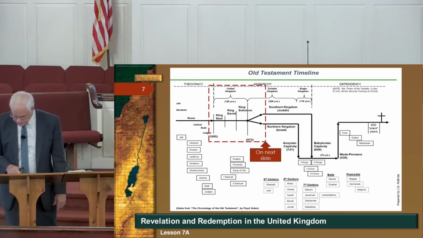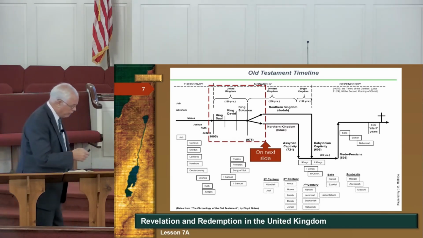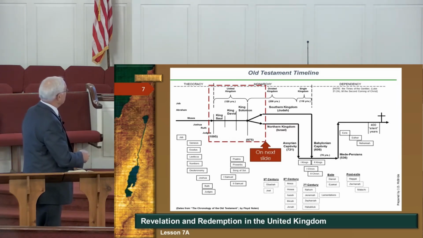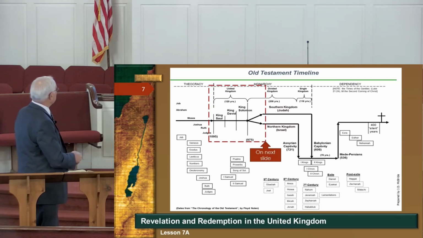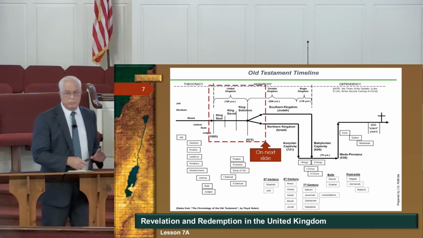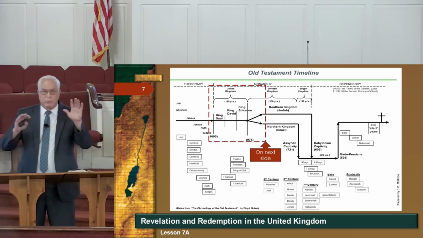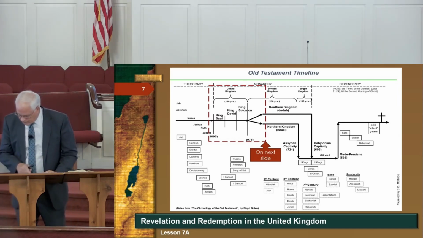I tried to lay out for you when the books of the scriptures were written. You're going to know that 1 Samuel, 2 Samuel are about this time period, 1st, 2nd Kings, and then Chronicles is down here, about this time period when they were written, okay? So it kind of gives you a perspective. I don't know about you, I like seeing a perspective about things that go on.